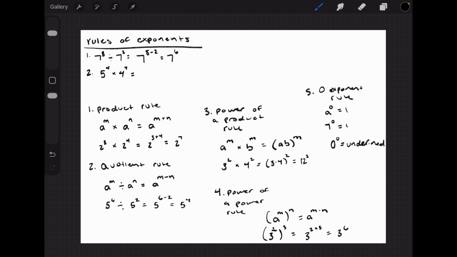And it actually is power of a product rule, because we are multiplying two different numbers that share the same exponent. So in this case, we have to multiply these numbers and the exponent will stay the same. So we have to do 5 times 4 to the 4th power, which gives us 20 to the 4th power.